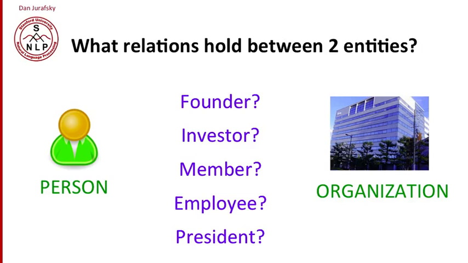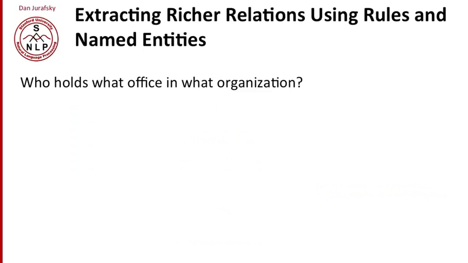And so we're going to combine these two intuitions, using a pattern and using the named entities, to extract richer relations. Consider the question, who holds what office in what organization?